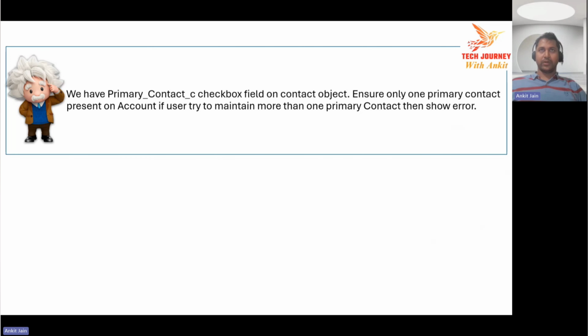So what we have to validate in this trigger scenario is that one account does not have two primary contacts. For one account, there must be only one primary contact. In case the user is trying to maintain more than one primary contact for one account, then we have to give an error message. So this is the trigger scenario that we have to write.